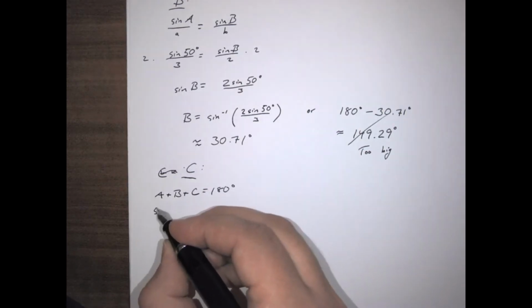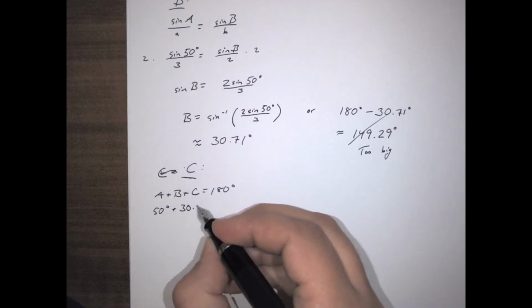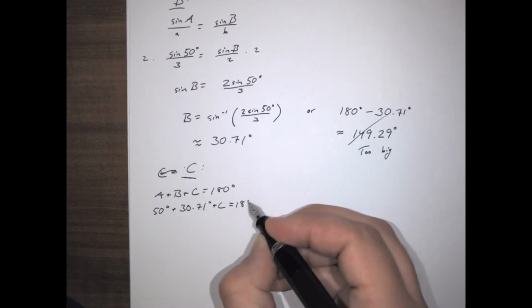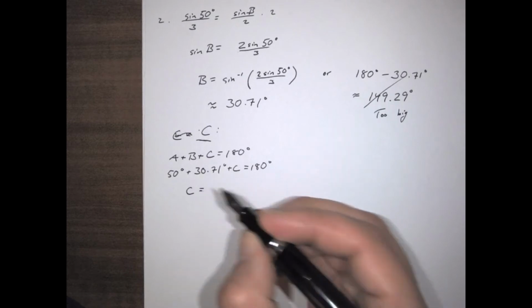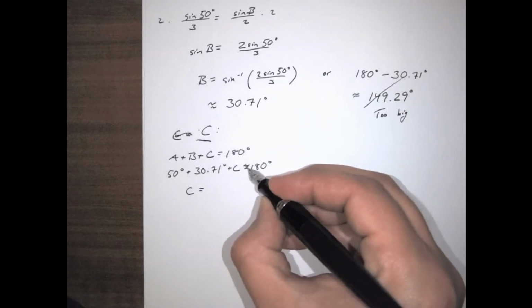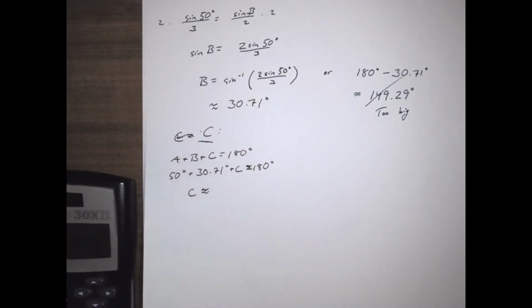So that's 50 degrees plus 30.71 degrees plus C equals 180. And so if I subtract them, I'm going to get C is equal to, I guess, approximately, since B was approximate. And C would be approximately 180 minus 50 plus 31.